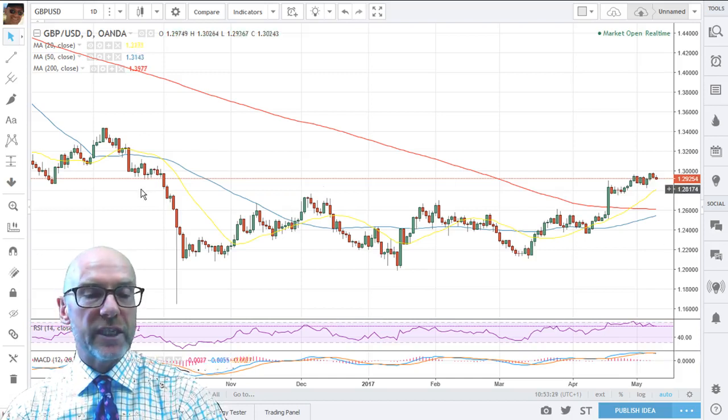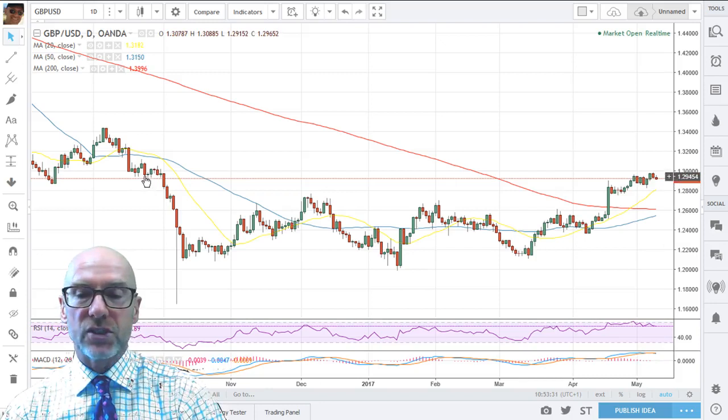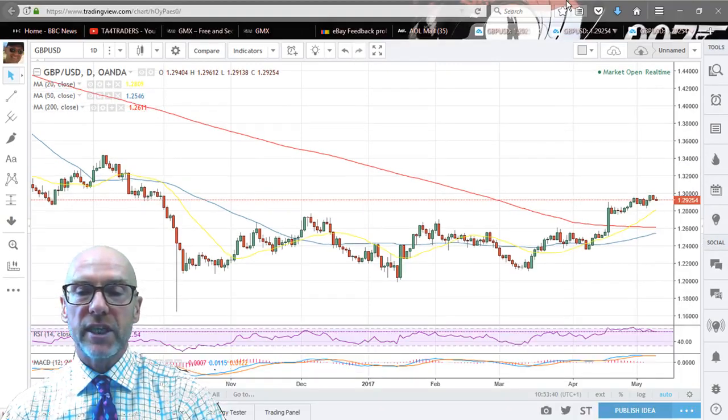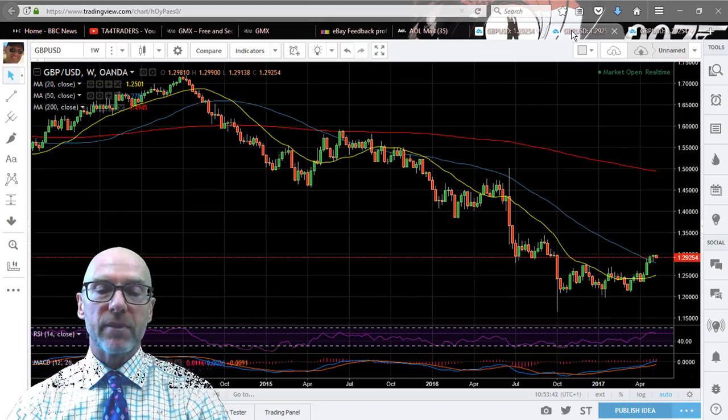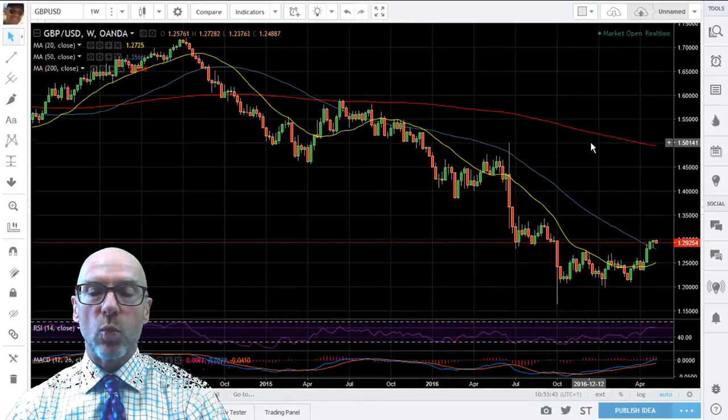And what you can see here is that above the 130 level there's all these resistance points that are troubling the market. You can see those more clearly by looking at the weekly.